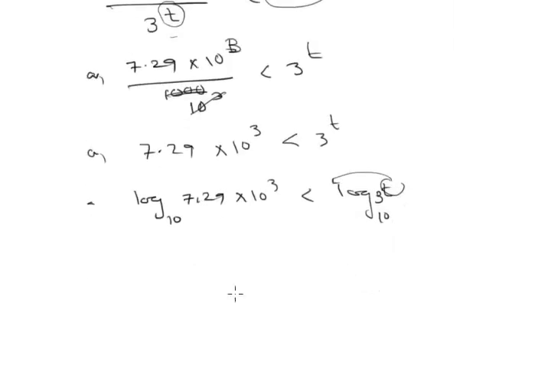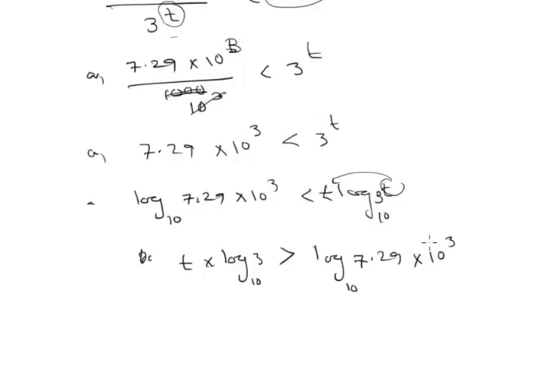So we will get t times log base 10 of 3 is greater than log base 10 of 7.29 times 10 to the power 3.